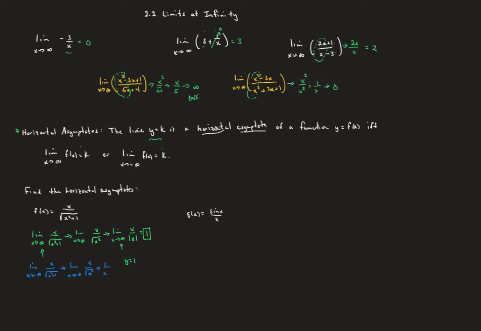And now is where our paying attention to the details pays off, because now as x goes to negative infinity, this will go to negative 1. And so you will have a horizontal asymptote to the left of y equals negative 1. Crazy.